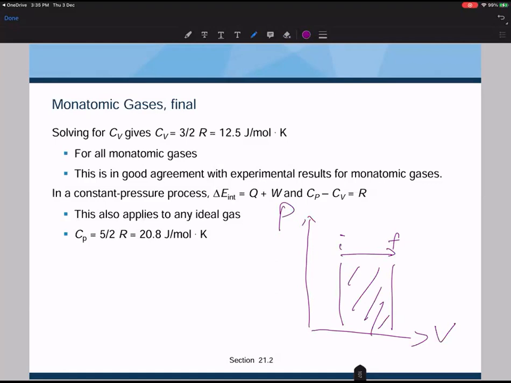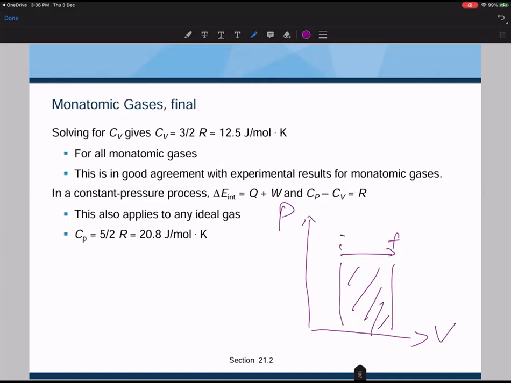And this work done would be provided by the heat energy supplied during the temperature change. So Q refers to the heat transfer, and that would be supplied for both the work done as well as the internal energy change in a constant pressure process. So the value of CV is smaller than CP. For a constant volume process, there is no work done.